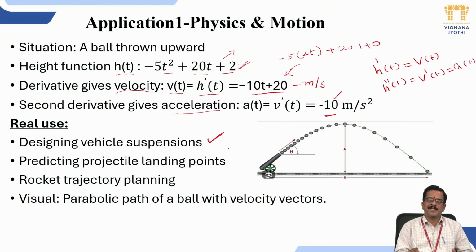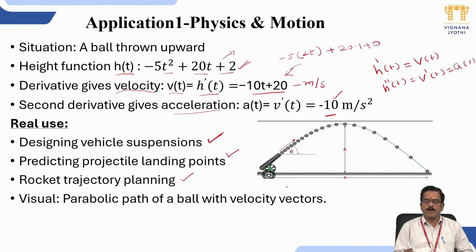And predicting projectile landing points, meaning where an object actually falls when you throw it, that point we can predict. Nowadays in wars, projecting bombs by locating a fixed point is based on the concept of a derivative. Next, rocket trajectory planning, where it will actually land, is planned using the concept of derivative.